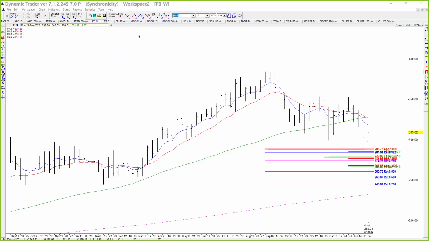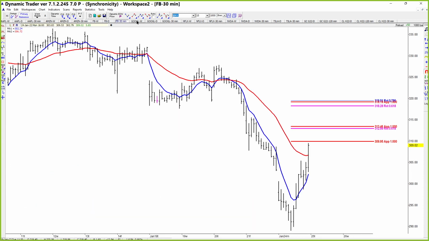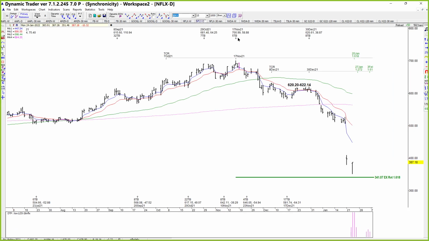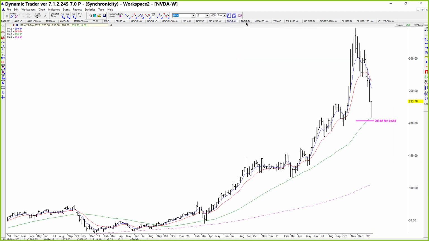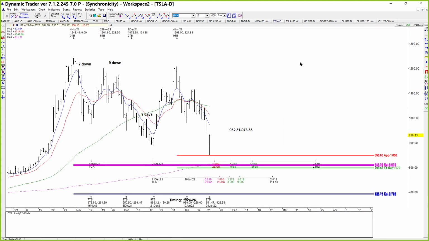So let's see what else we had. See anything else that stood out? Not really. Yeah, we'll look at the Tesla.